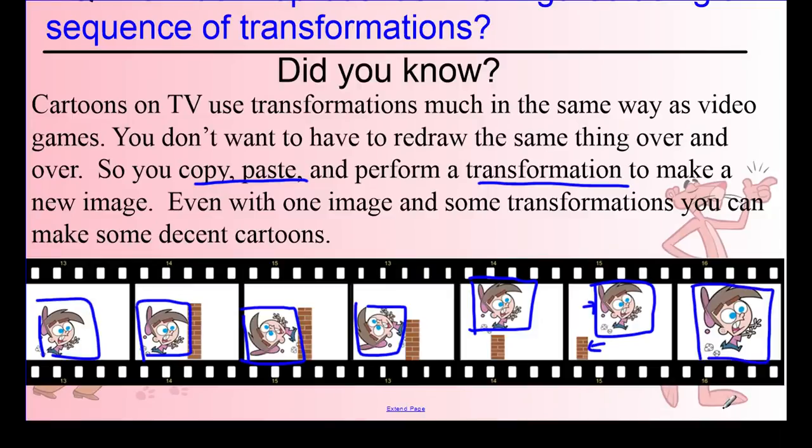So I did a translation, couple rotations, and a dilation. And on that wall, it looks like I did a translate and maybe a couple translates, and that was it. So with just a little bit of work, you can actually make some pretty decent pictures with just these couple transformations.